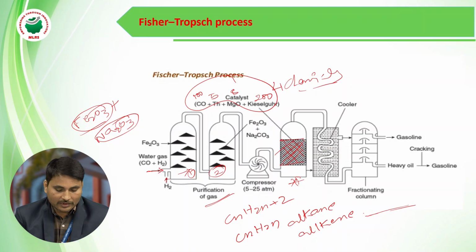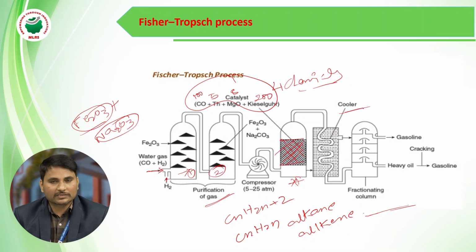The alkanes and alkenes move towards the next chamber, the cooler, which acts as a coolant. The cooled gas moves towards the fractional distillation column, as we already discussed in the previous class.